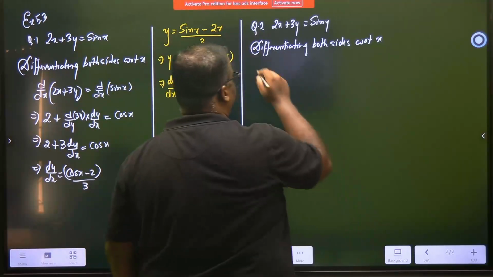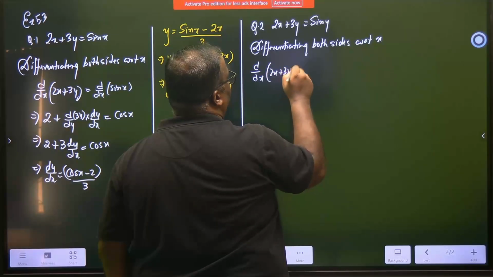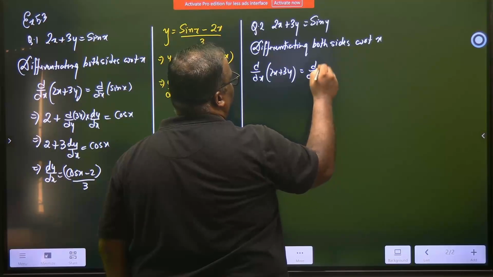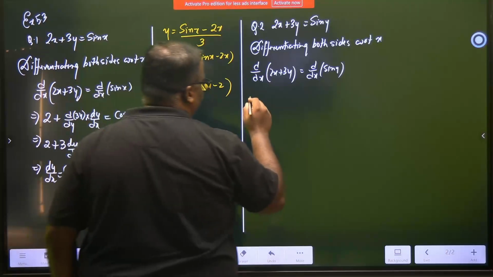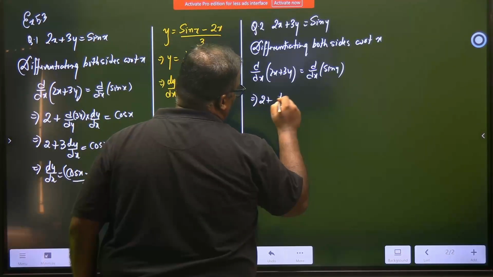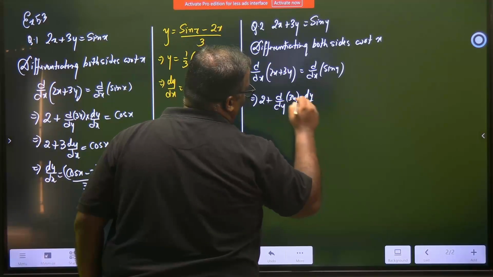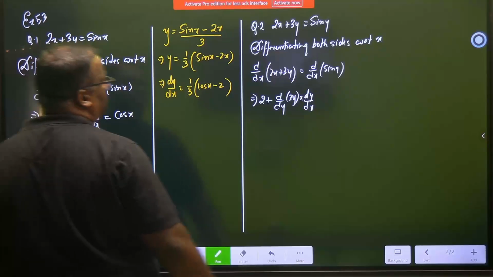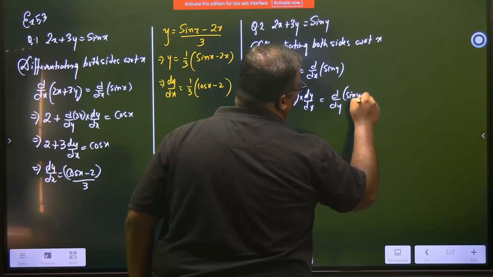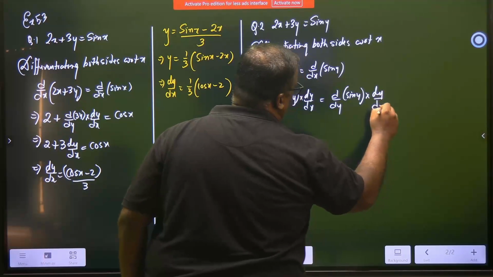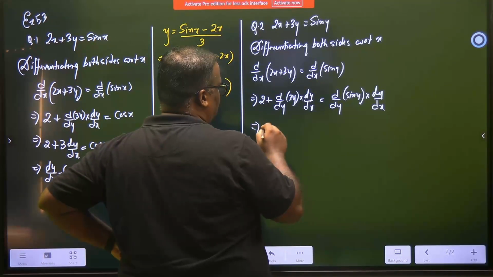So let's see that. Keep your eyes fixed so that you are not differentiating any y variable with respect to x.